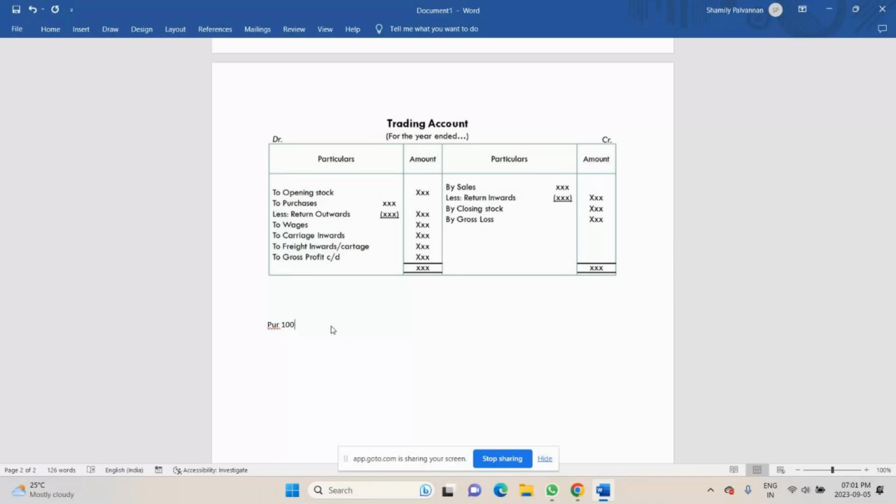In this, I returned the damaged goods, 20. So how much stock is left with me? It is 80. Then in this 80, I made a sale of 50. In this, the customer has returned how much? 10. Now how much stock is left? What is my closing stock? How much stock do I have at present?